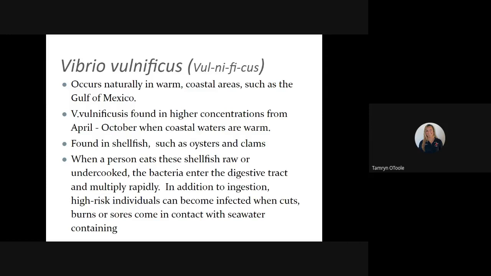Bacteria go through that binary fission where they basically just split in half, that asexual reproduction, and they can reproduce so incredibly fast. In addition to ingesting these bacteria, individuals who are higher risk can become infected when open cuts or open burns or sores come into contact with the seawater containing that particular bacteria. And this is what it looks like.